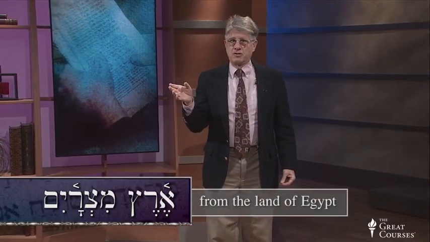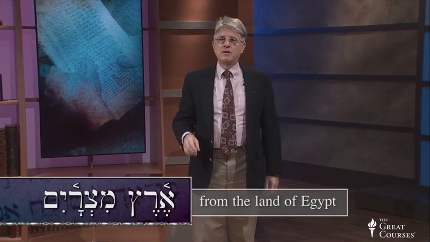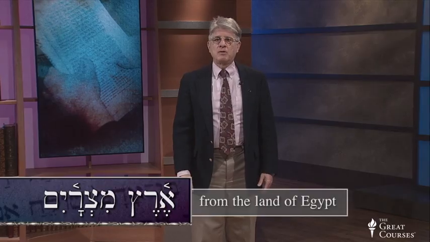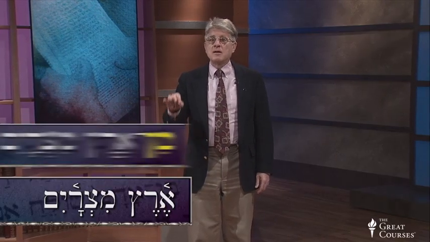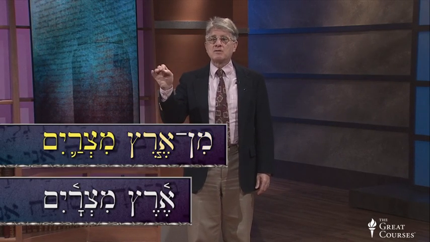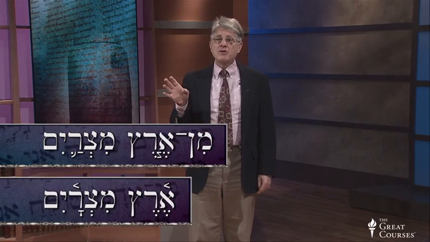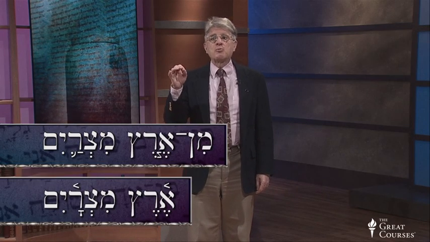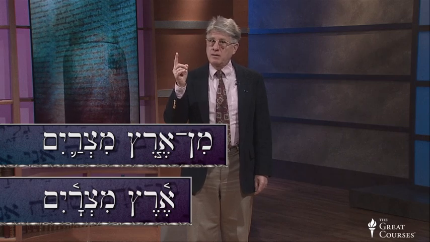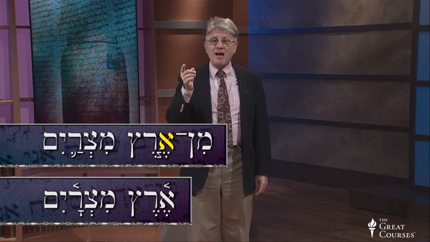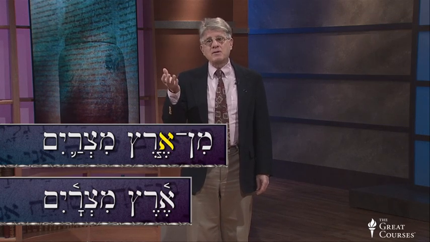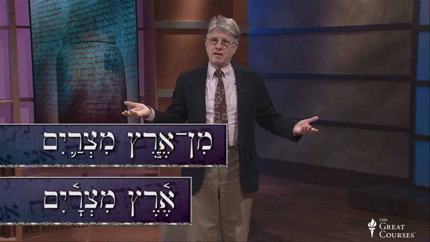From the land of Egypt, like from Egypt, occurs about 90 times in the Bible, but only once is it min Eretz Mitzrayim in Jeremiah 44:28. All the other times, min is proclitic, but Eretz begins with an aleph, and you can't put a dagesh in an aleph. What do you do instead?